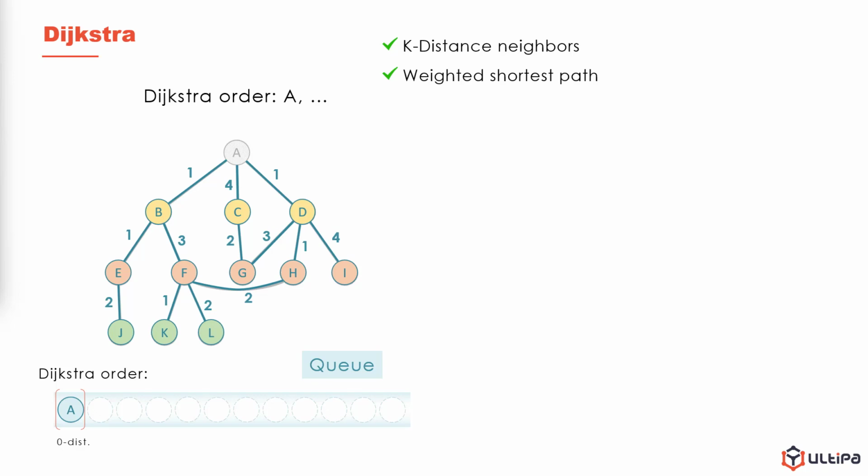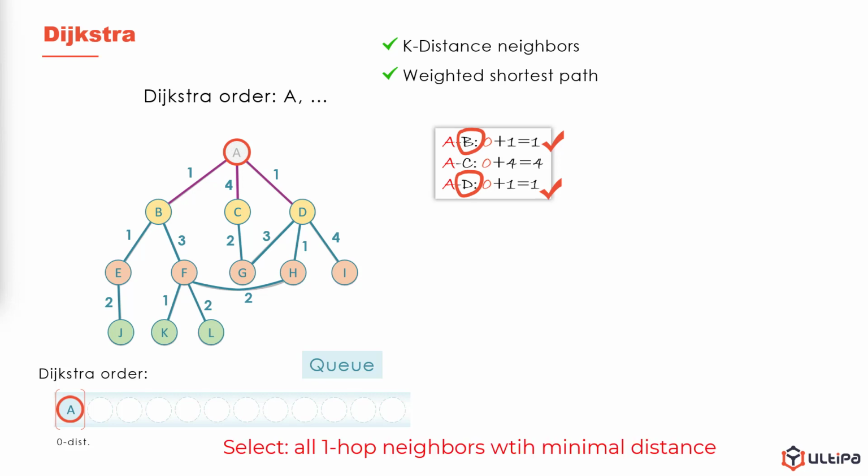First, it calculates the distances of all the neighbors from the root. The distance is the k-distance index of node A, which is 0, plus the weight of the edge that leads to the neighbor. We elect nodes B and D that have the minimum value and push them into the queue.